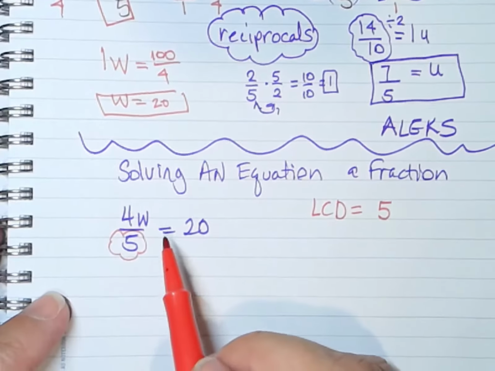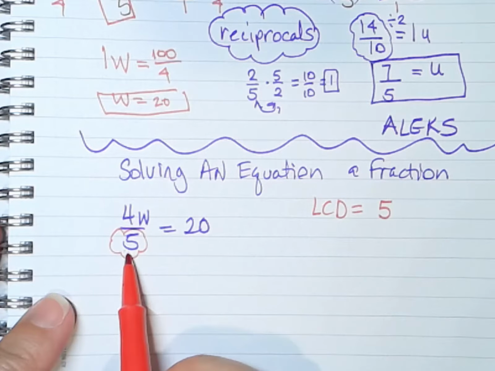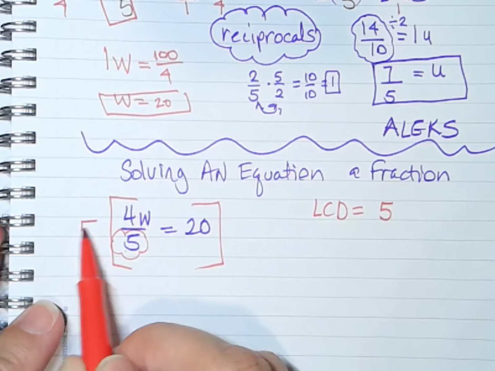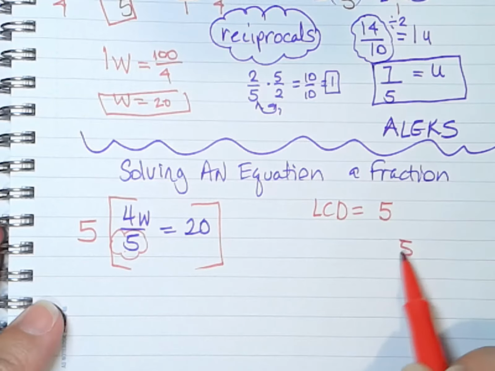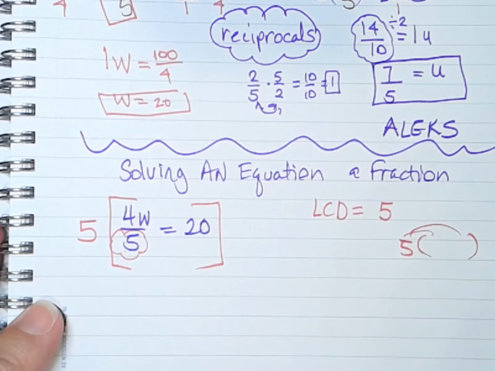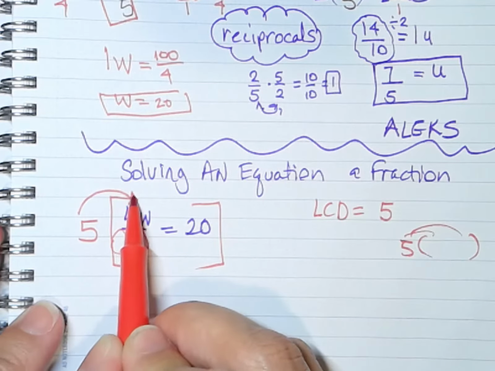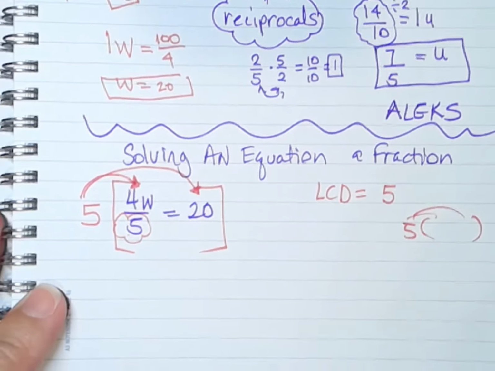So what I'm going to do is, since I know my common denominator should be 5, since that's the only denominator I see, I'm going to multiply this equation by 5. So this is just like the distributive property. This is saying 5 times something. I'm going to have to distribute it out. And in this case, I'm going to multiply 5 times 4w over 5, and then 5 times 20.